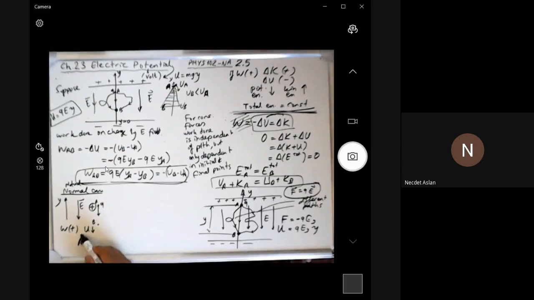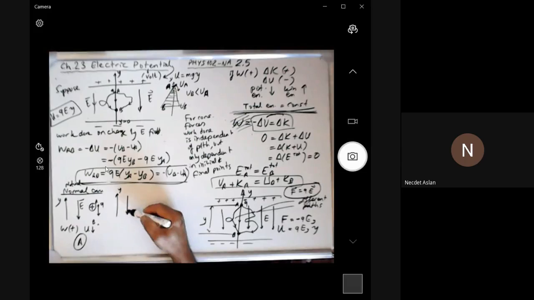This is case A. Case B, again, we have Y upward, the electric field is downward, but the charge is now moving from point A to point B. The electric field is downward, but the object is moving from A to B, but A is lower. Again, our charge is positive.